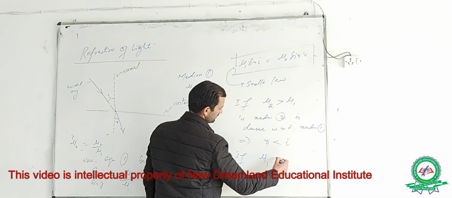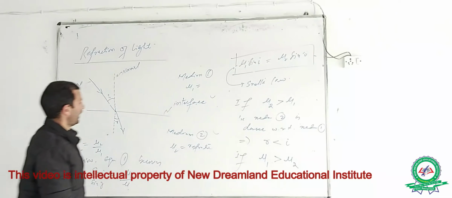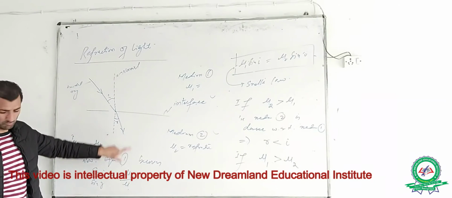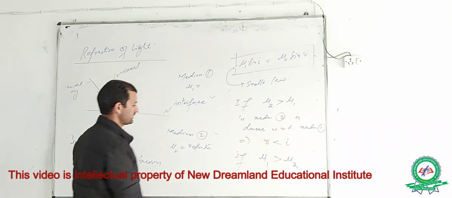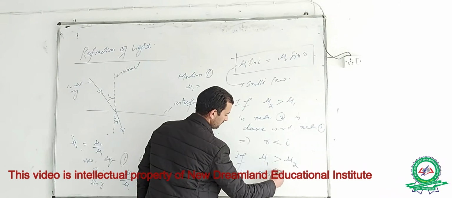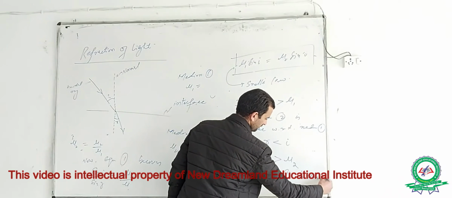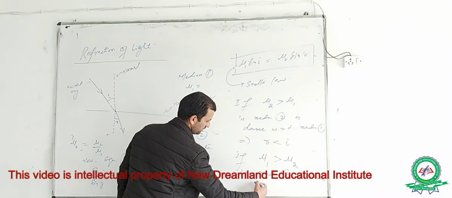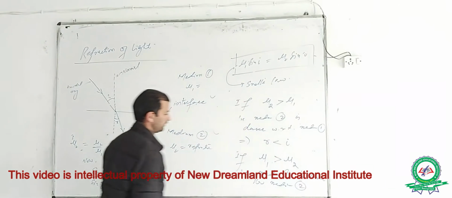If mu1 is greater than mu2, that implies that medium 1 is denser than medium 2.